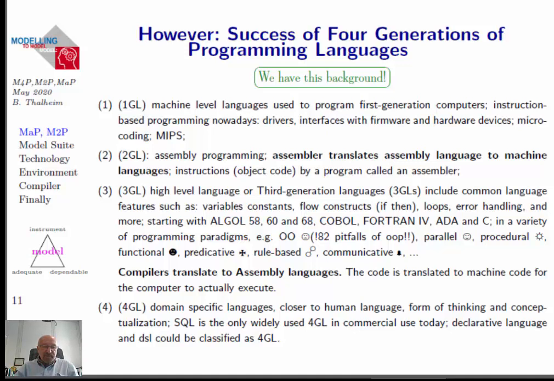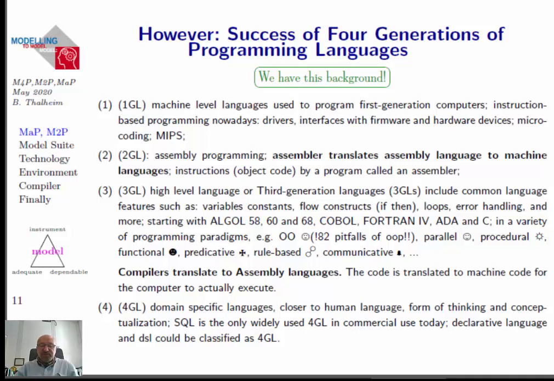Second generation programming was already a big advantage. We used assembly languages that could be directly translated to machine languages of the first generation. So we have been relying on the assembler as a translator of a second generation language program to a corresponding first generation program.